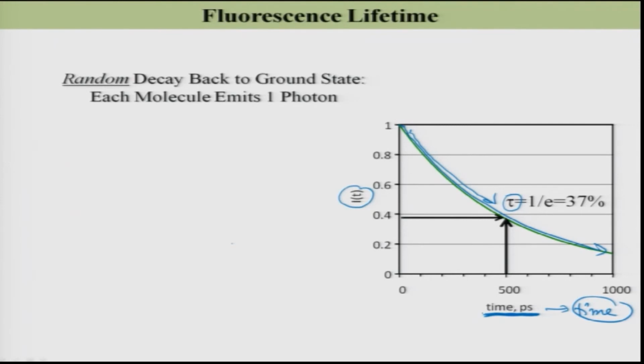That means you must have a stopwatch, or a machine which can measure time at least in the picosecond region. Picosecond is 10 to the power minus 12 second, as you know, and that kind of fast stopwatch obviously is not easily available in the market. So, we need a special treatment to get such a decay.